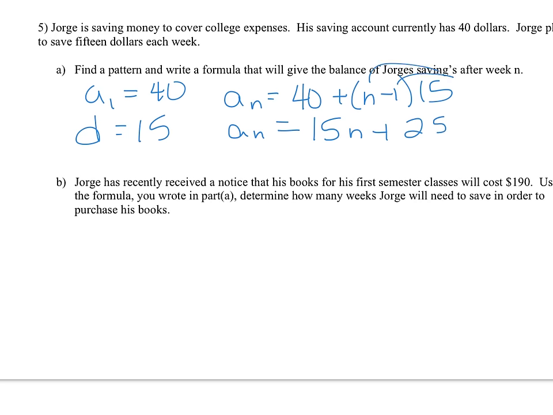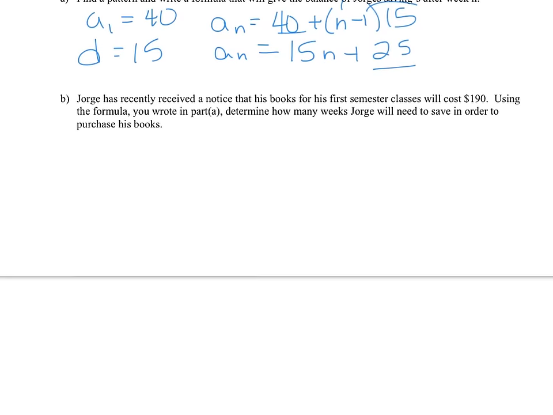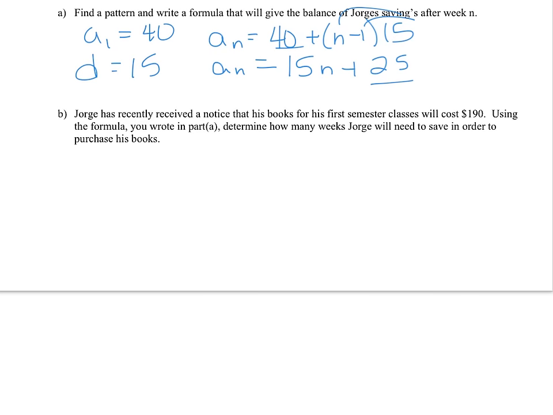That's when we distribute it in, you get negative 15, and then combine negative 15 with 40, and you get 25. So there is your explicit formula for any term that he might have. You know, in 20 weeks, how much money is he going to have, that kind of thing. This is what it's going to tell you.